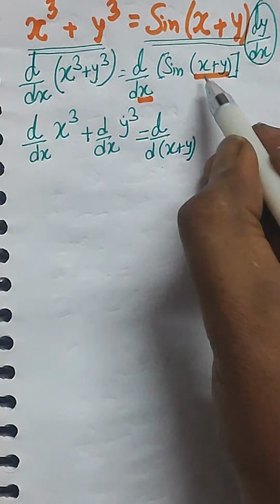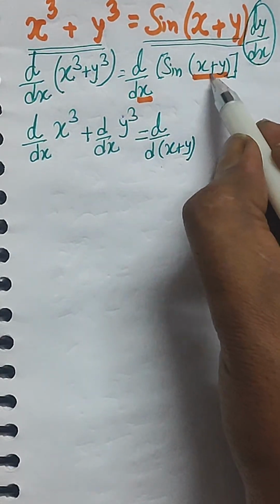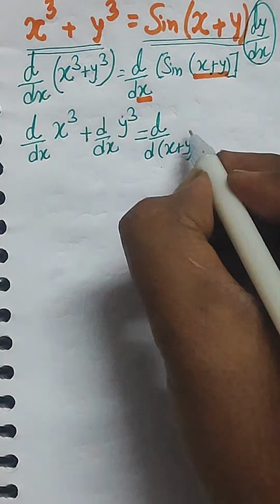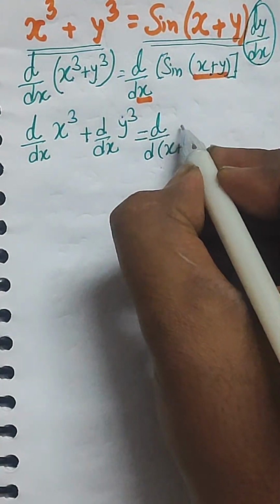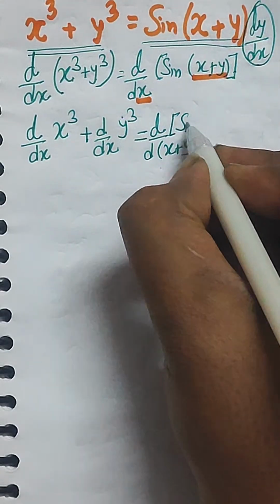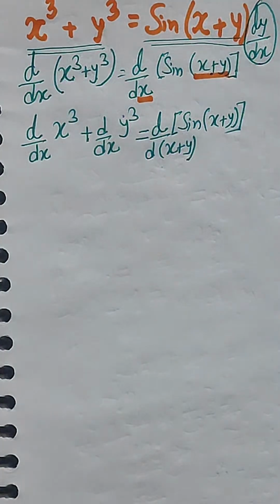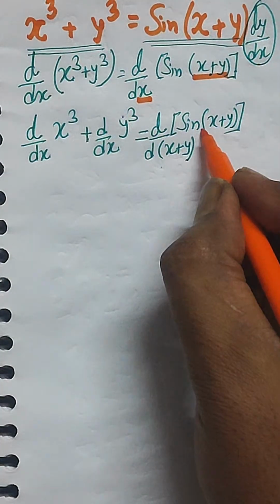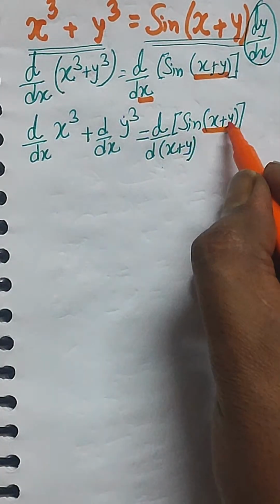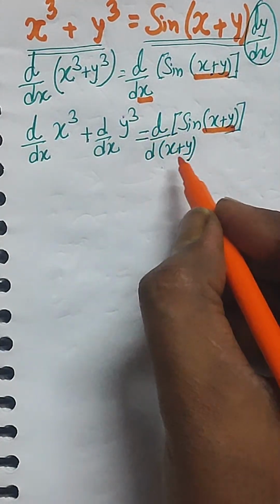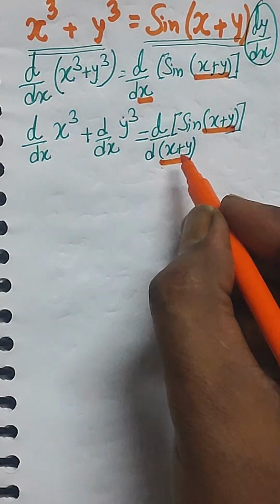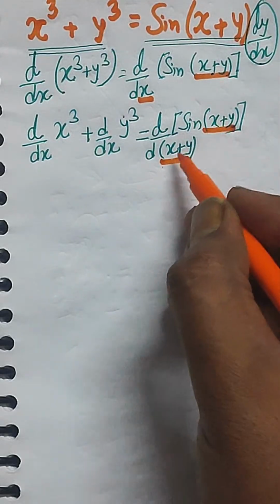Why? Because sine of x plus y is given. So this will be d by d(x plus y) of sine of x plus y, and we are differentiating with respect to x plus y, so this can happen.